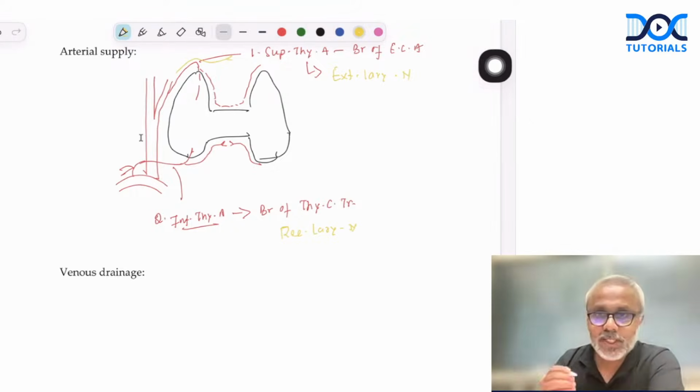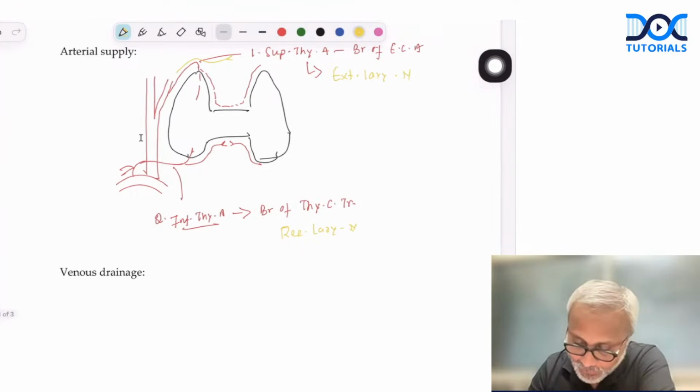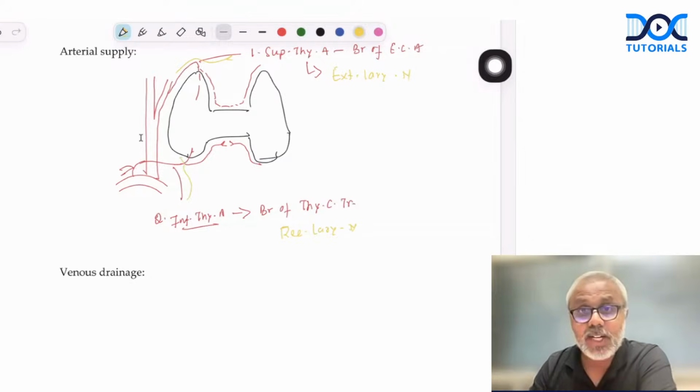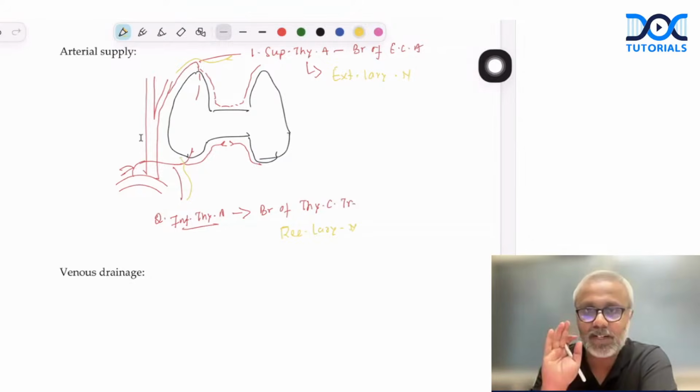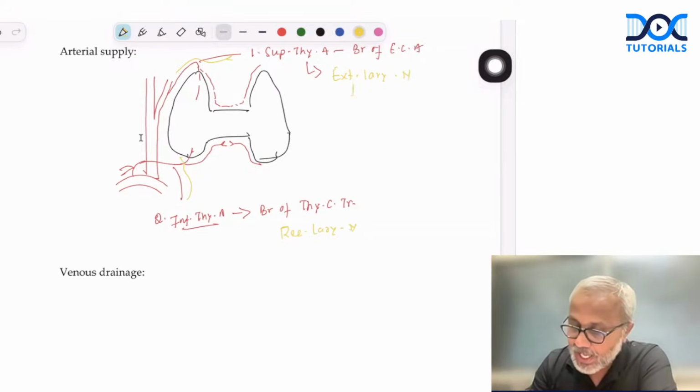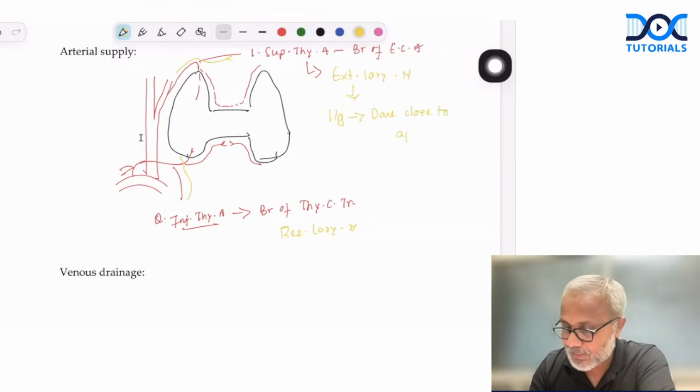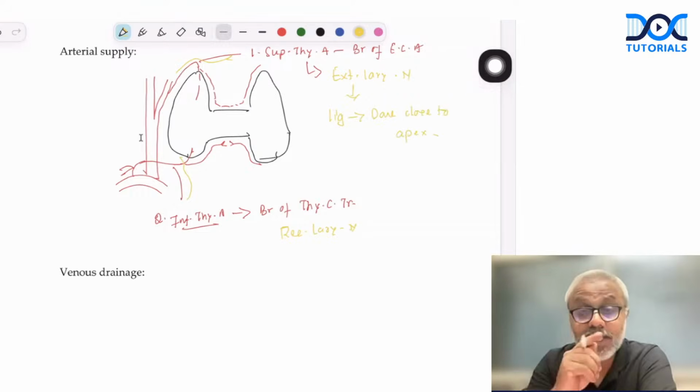What happens with the recurrent laryngeal nerve is, it lies close to the inferior thyroid artery, close to the thyroid gland. Now, this has a very peculiar clinical importance. So, ligation of the superior thyroid artery is done close to the apex of the thyroid gland. Why is this done?